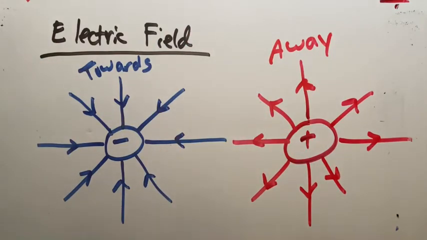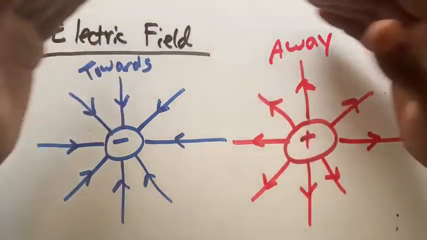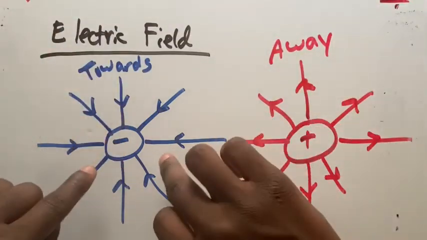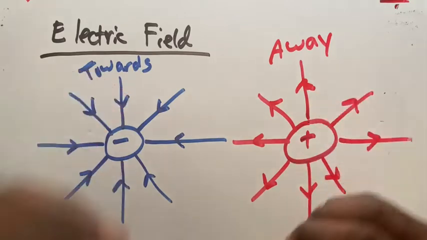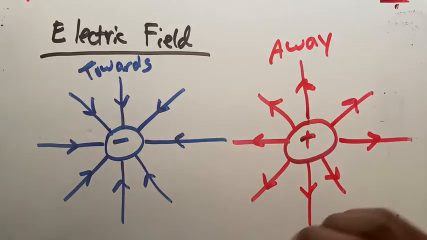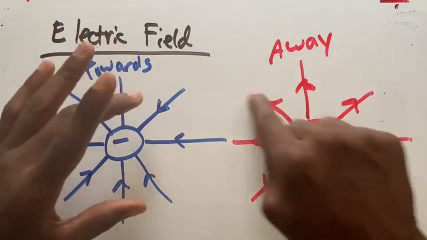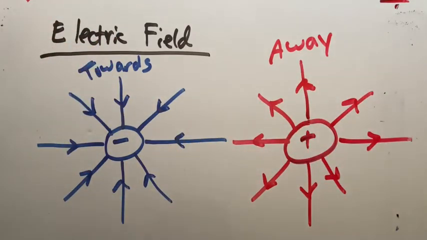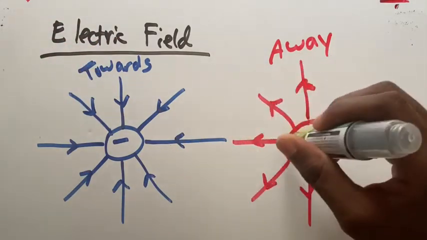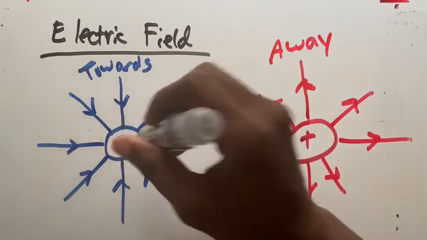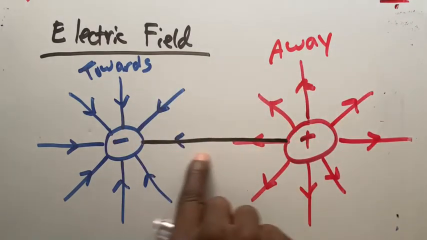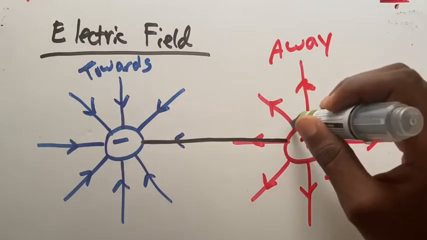Now, if we want to draw the electric field for both of these together, so say we have this negative and this positive charge next to each other, then basically all we'd have to do is connect these field lines. So then we would have it going this way, and notice how it's pointing in that direction.